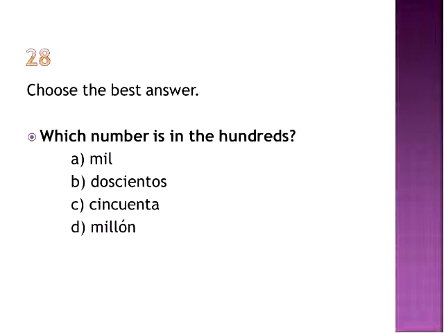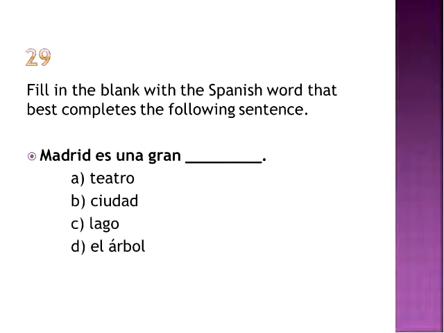Which number is in the hundreds? Can you recognize the root word for hundred in any of those? Correct. There's that word cien, which means hundred. So 200, 200. B is correct. And fill in the blank with the Spanish word that best completes this sentence.